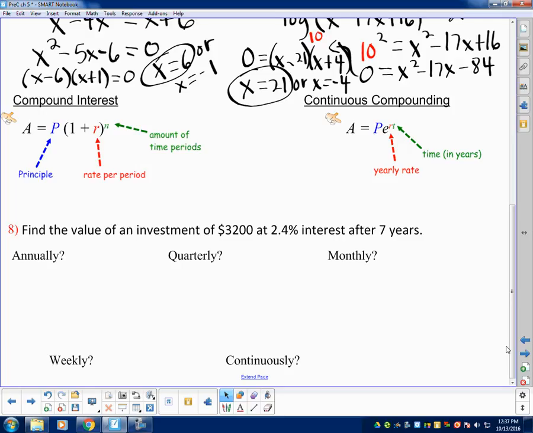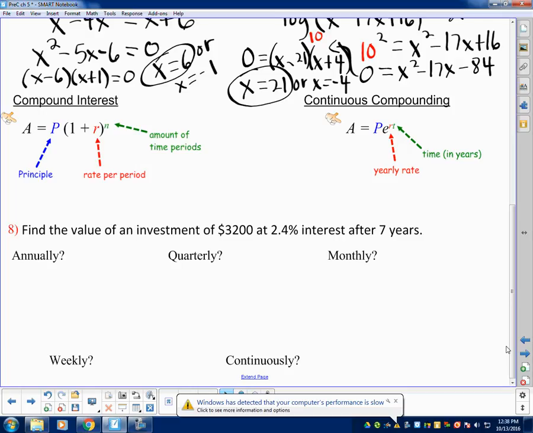Did you guys do this last year where you looked at what happens as you compound more and more often? Yes, sir. So, how to become wealthy in a year. Mr. Sarge taught financial analysis at one time, right? So we're not going to do all these.